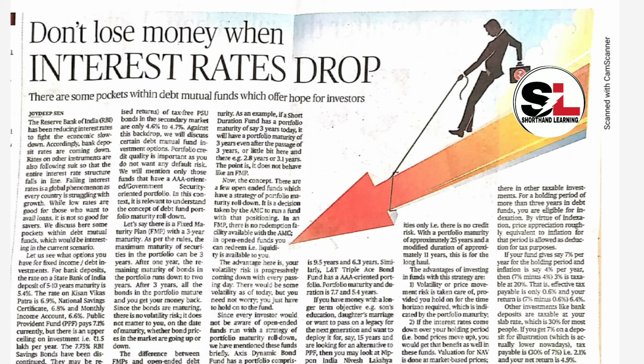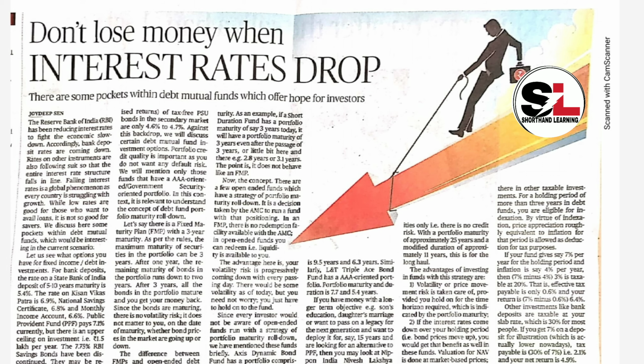It does not matter to you on the date of maturity whether bond prices in the market are going up or down. The difference between FMP and open-ended debt funds is that open-ended funds will always have portfolio maturity.